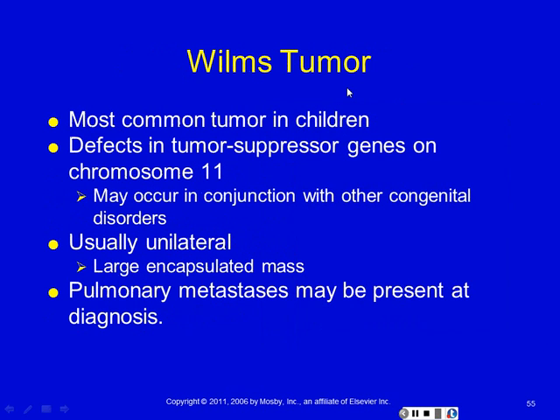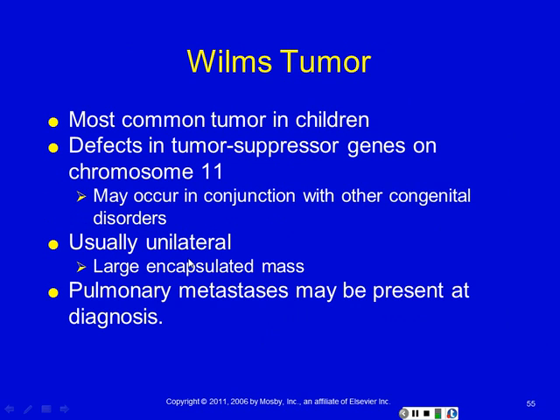All right. A cancer, Wilms tumor, its claim to fame is it's the most common tumor in children, and it's one of the relatively unusual congenital tumors. In other words, children are often born with Wilms tumors. So typically we think of cancer as a disease of people as they get older, but this is an exception to that.